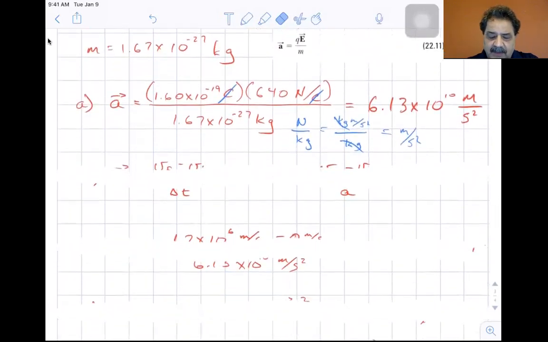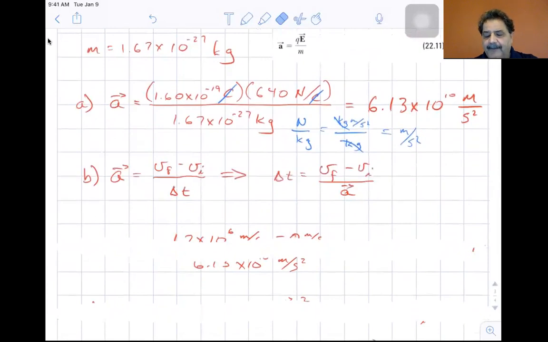Well, let's think about the definition of acceleration. Acceleration is delta V over delta T. So delta V is equal to V final minus V initial, divided by delta T. Let's solve for delta T, and delta T is equal to V final minus V initial over the acceleration.